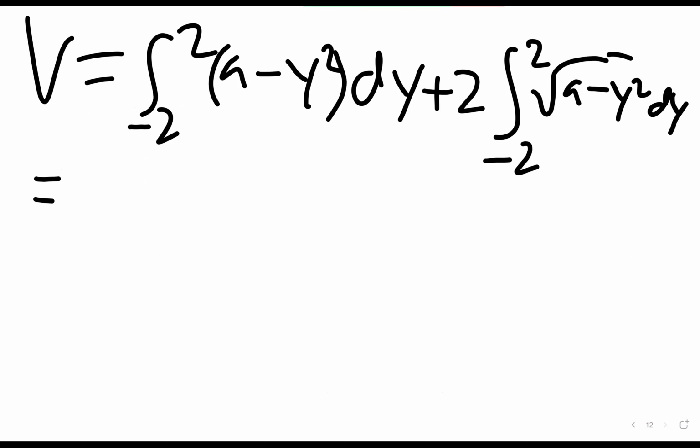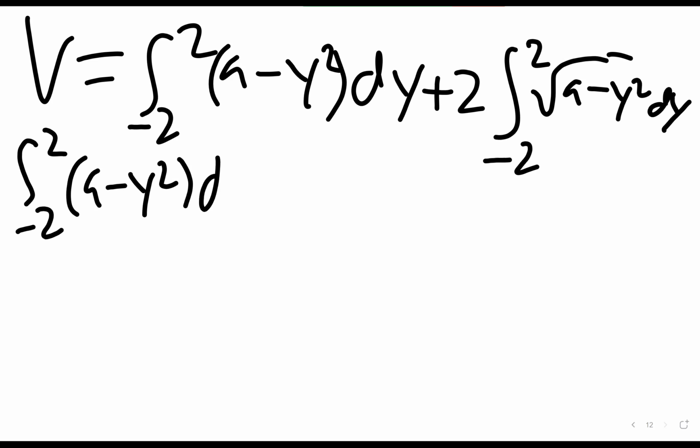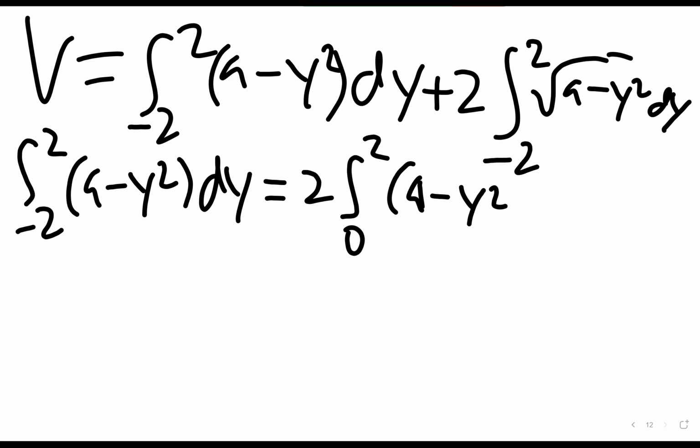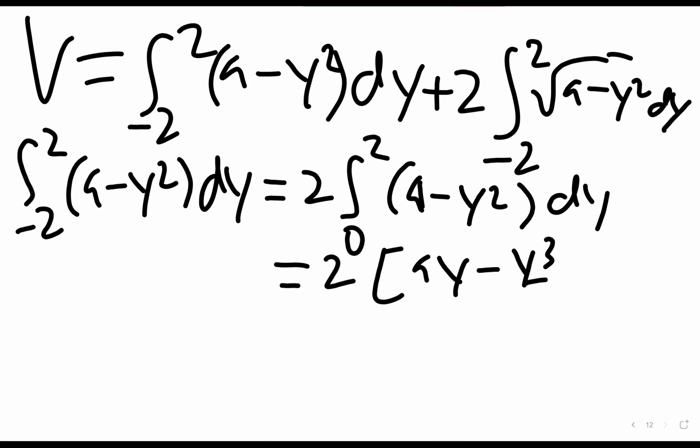Okay, so let us calculate the first integral. The integral from -2 to 2 of 4 minus y squared dy is just 4y minus y cubed over 3, or you may use the symmetry, since it's an even function. So from 0 to 2 of 4 minus y squared dy will be 2 multiplied by 4y minus y cubed over 3.